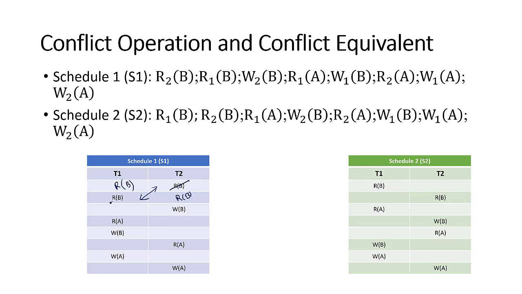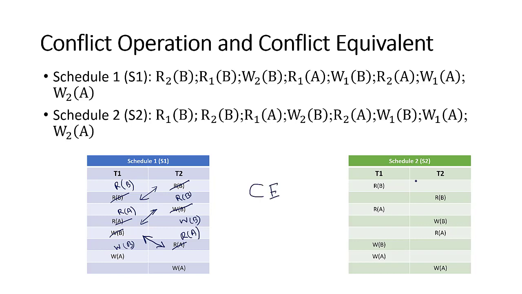Now these two are non-conflicting operations, so we can swap them. So it can be written as this. These two are non-conflicting operations, so we can swap them and we can write. Now if we consider the schedule 1 by exchanging the non-conflicting operations, we can see that it is similar to the schedule 2. We can say that the schedule 1 is a conflict equivalent schedule to schedule 2.